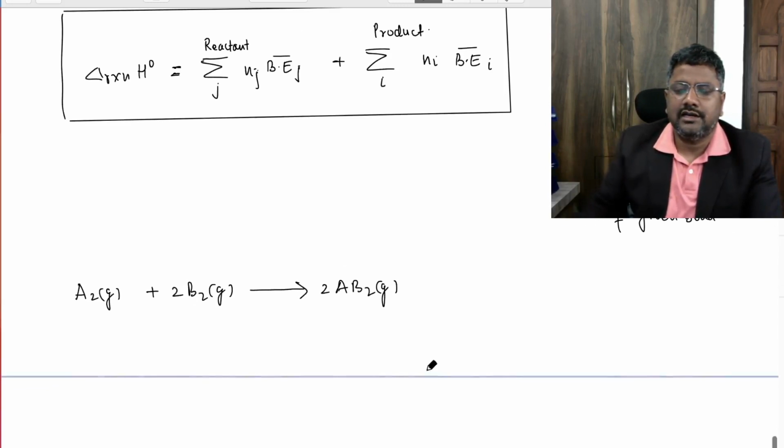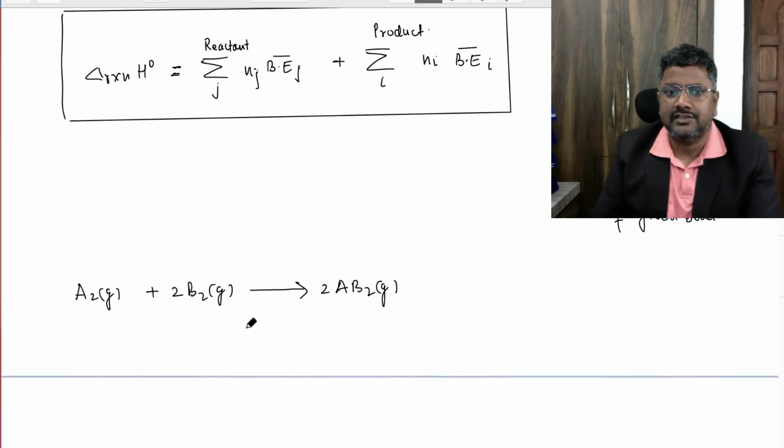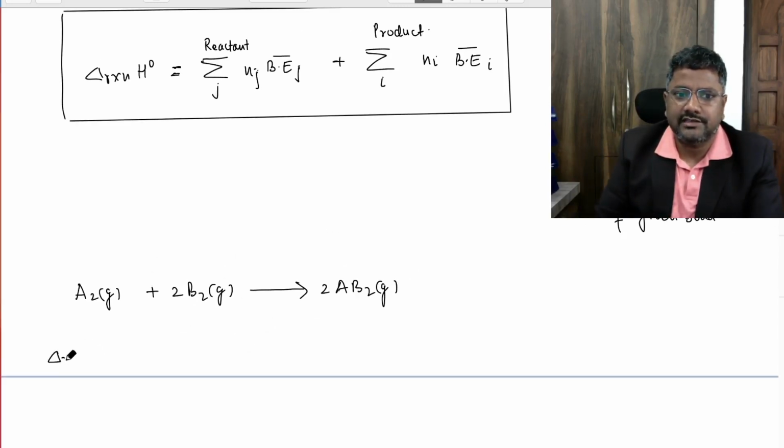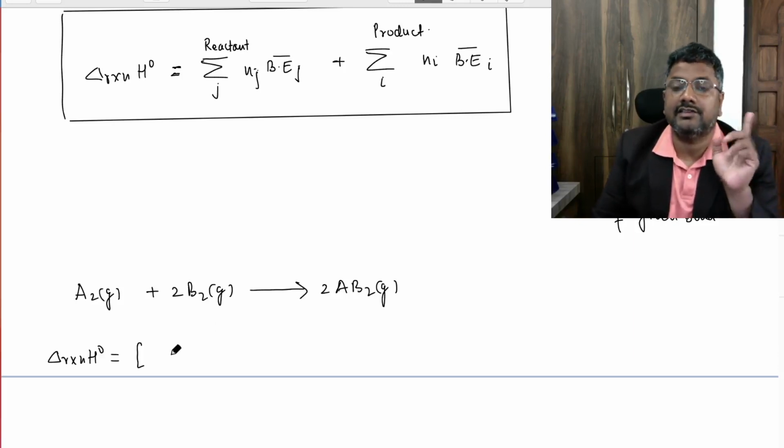If you want to calculate delta H of this reaction in terms of bond energy data, this is equal to, within bracket, reactant minus product this time, like the calculation of enthalpy change when combustion data are given, the same thing, right?